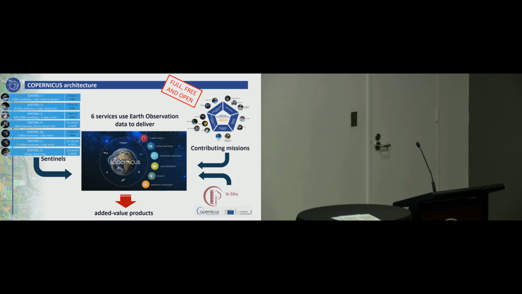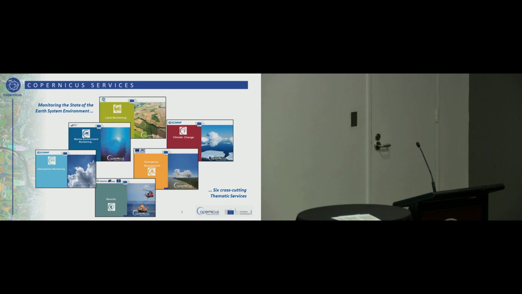And that's not only the data from our suite of satellites, but we provide analysis-ready data, additional value products based on these satellites, from our contributing missions, which come from our international partners worldwide, and what is important, the in situ data. We have different areas of dedicated products in our services, which are the land service, the climate change service, marine monitoring service, emergency management service, the atmosphere service, and the security service.